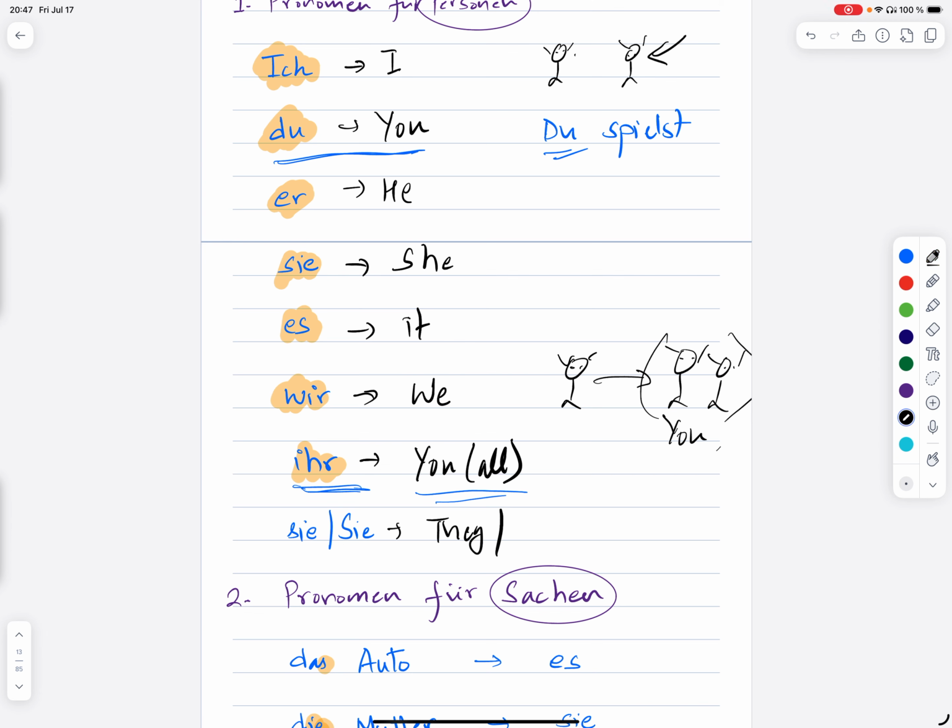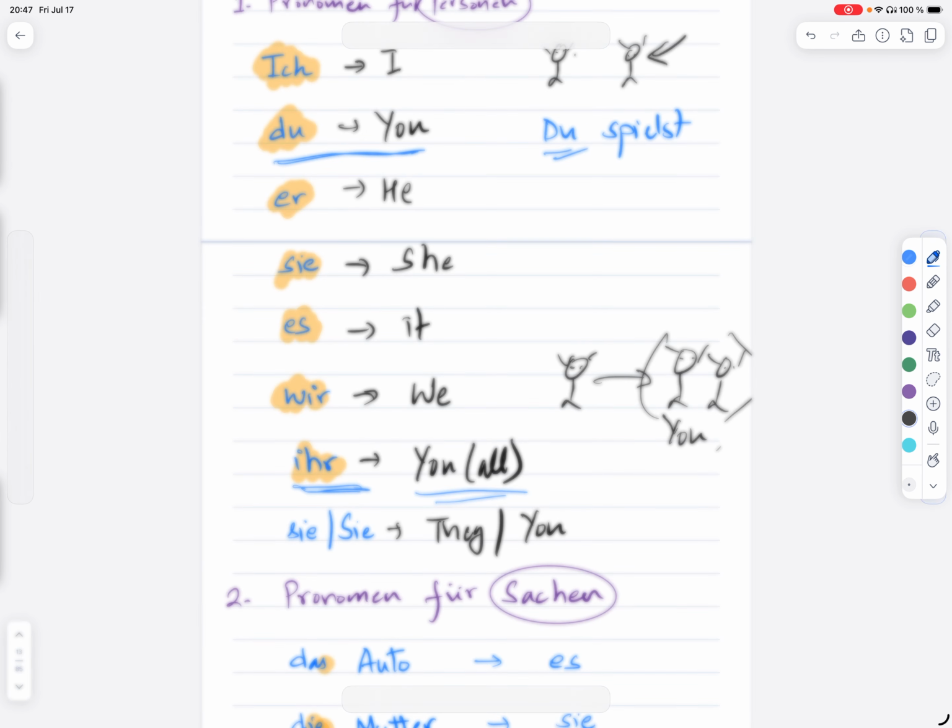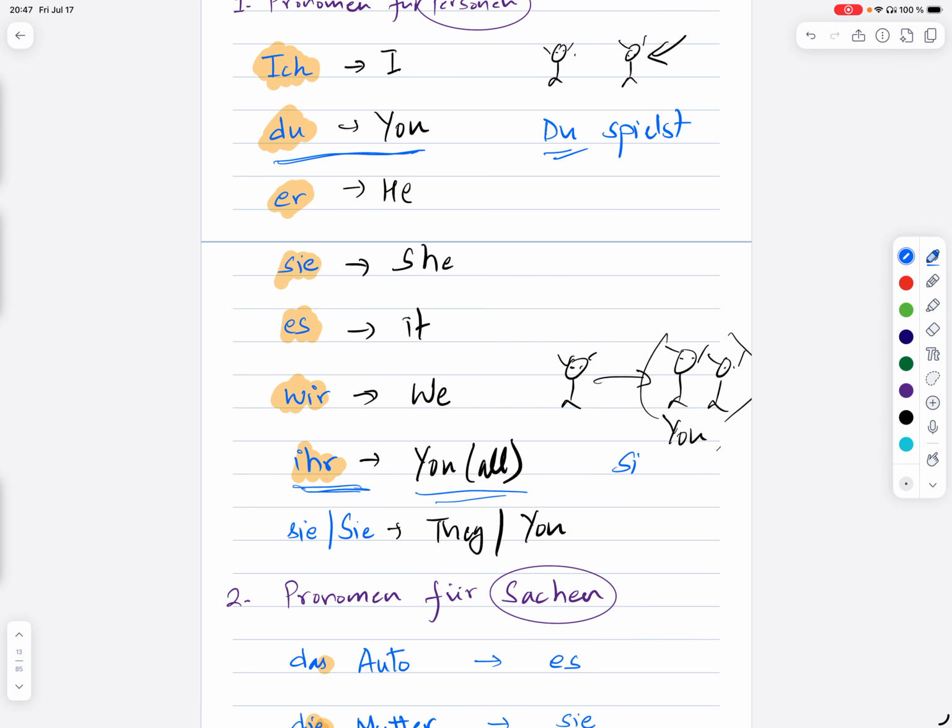But if you have a Sie with a capital S, it is when you are talking to somebody who is older than you and you don't know them maybe, and you want to talk in respect. So here is that you, but in respect. For example, if you are telling about a person from your office, you say they also play. So you can say sie spielen.